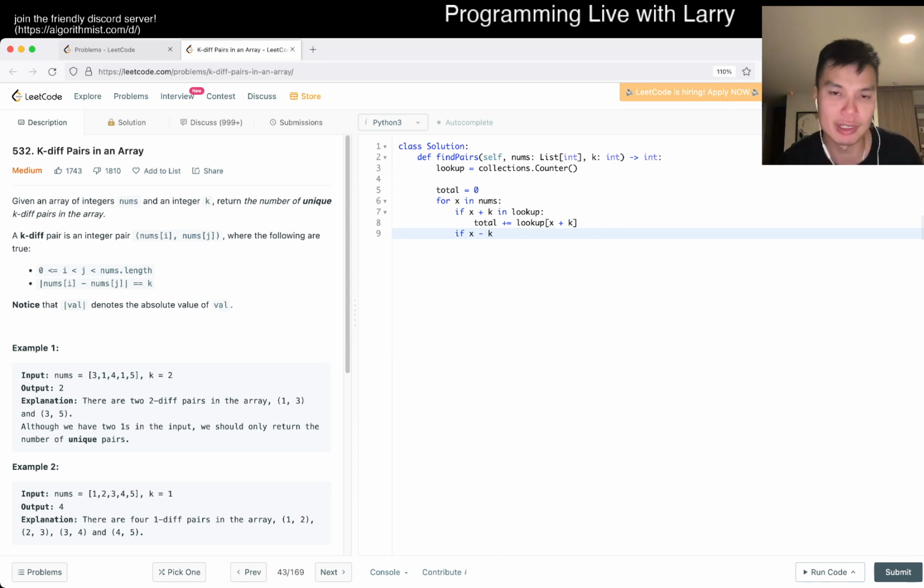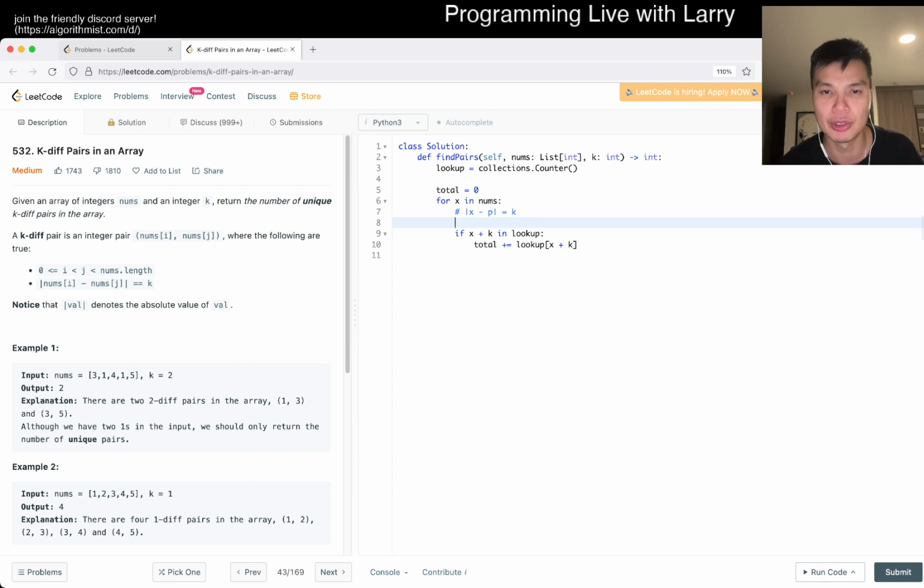Okay, let me actually, I think I skipped a step, so that's why this looks a little bit awkward. But basically, you want x minus y to be equal to k as an absolute value, right? So instead of y, maybe p for previous value. So then now there are two things, right?